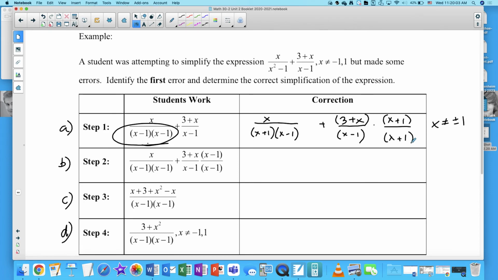So here, this is just an x. Here we need to do expansion. And this is addition, okay? So we can just do it all in one line. So plus 3x plus 3, and then plus x squared, and then plus x. Okay, and then the last thing we have to do is just combine like terms.